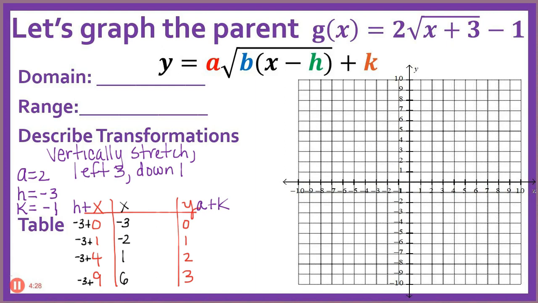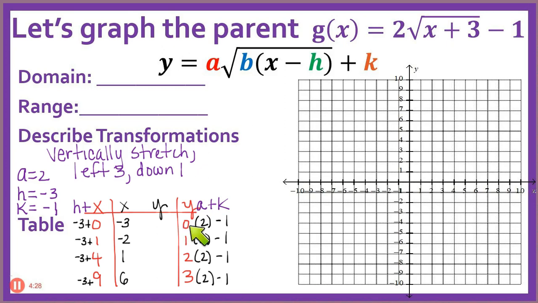Now let's take our y values, multiply them by the a, and add k. Multiplying them by 2 and subtracting 1. And when we do that, we will see how our y values are transformed from the parent.